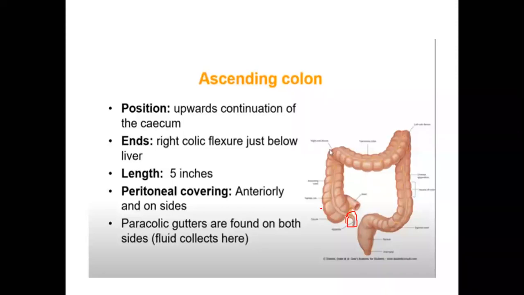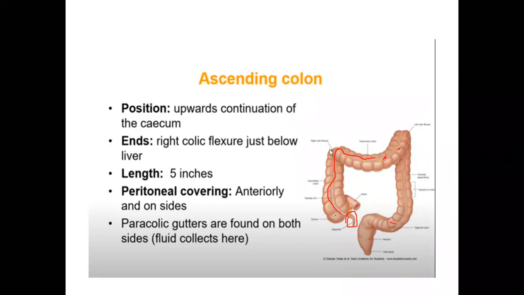So this whole part is the cecum. You can see here the taenia coli going along the whole large intestine, and these yellow ones that you can see here are the appendices epiploicae.